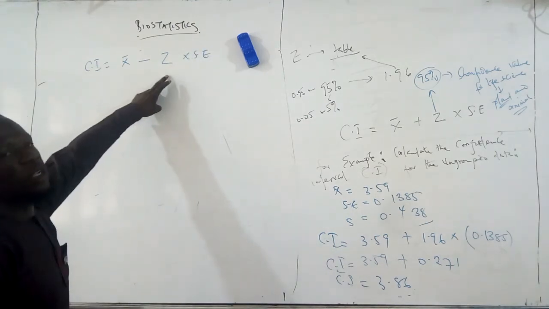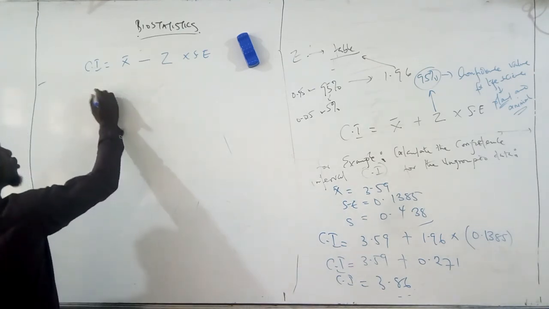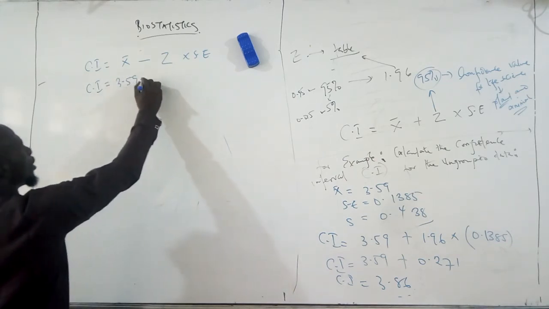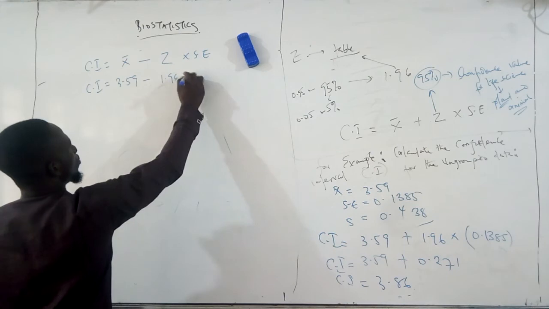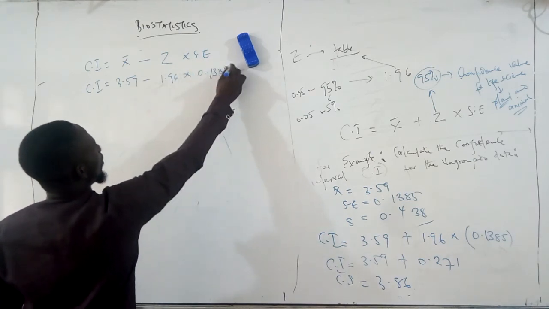So this Z value is for 95% confidence. So we are going to have, what's our mean? Our mean is what? 3.59 minus 1.96 multiplied by the standard error 0.1385.